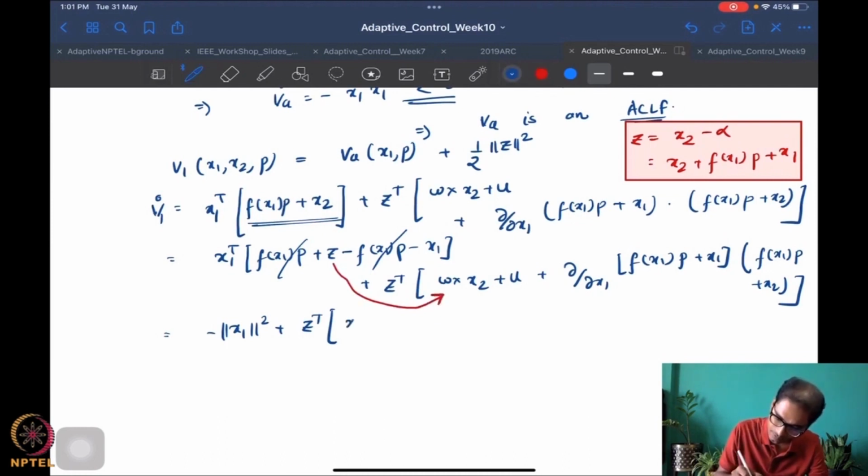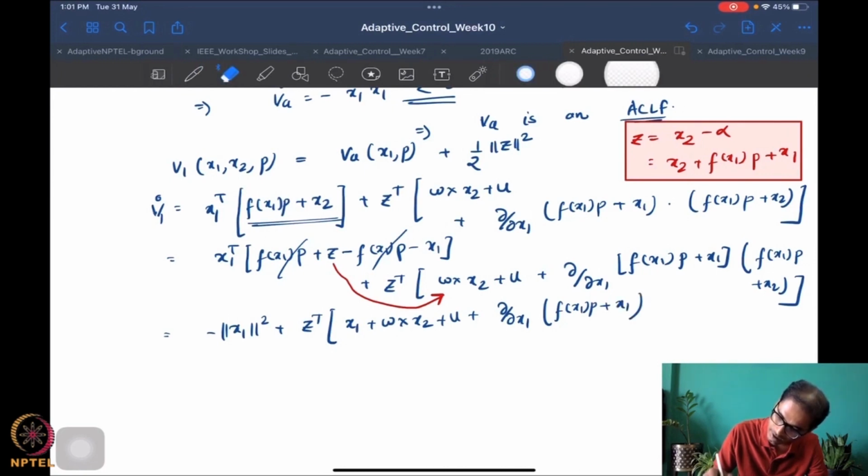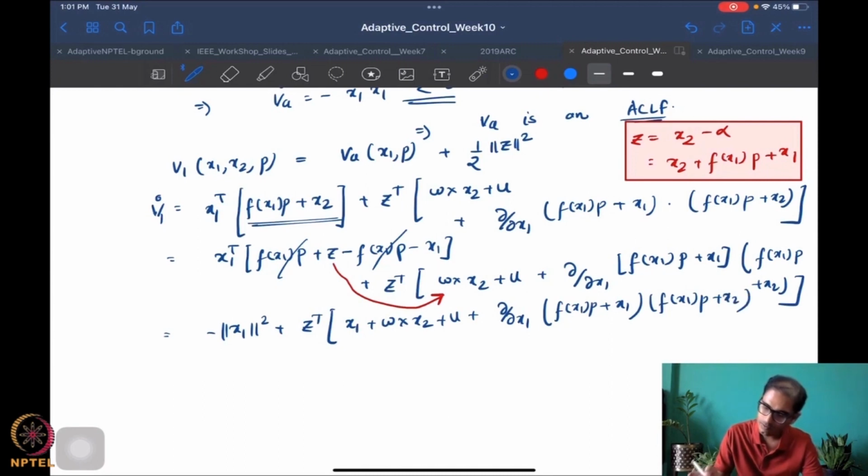So this is x1 plus omega cross x2 plus u plus del x1 of f(x1) p plus x1 times f(x1) p plus x2, and that's it.